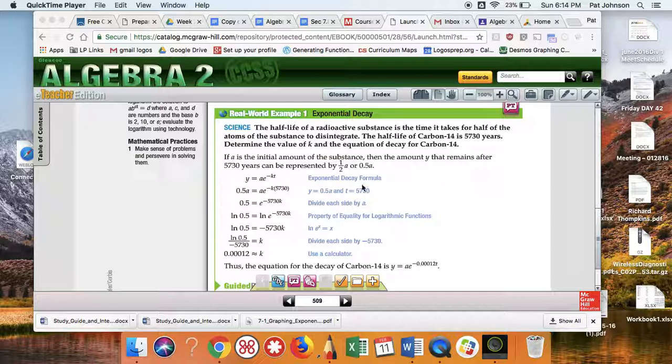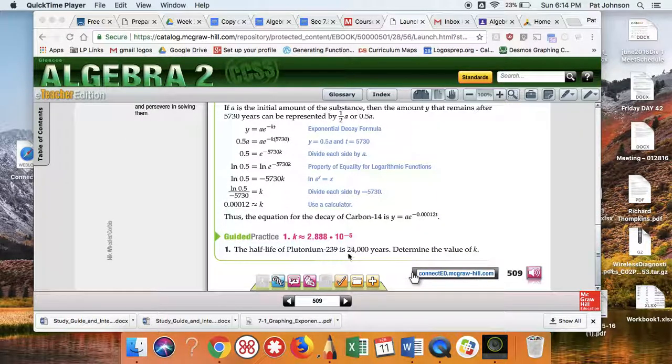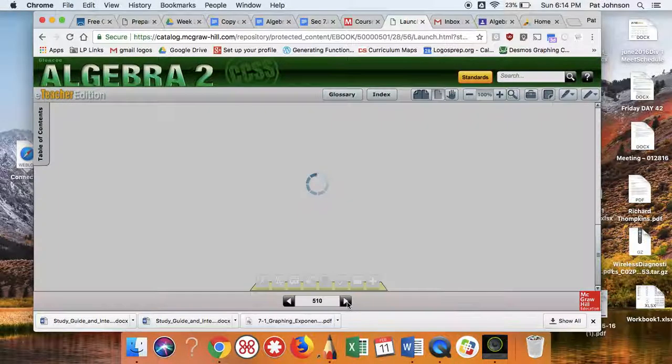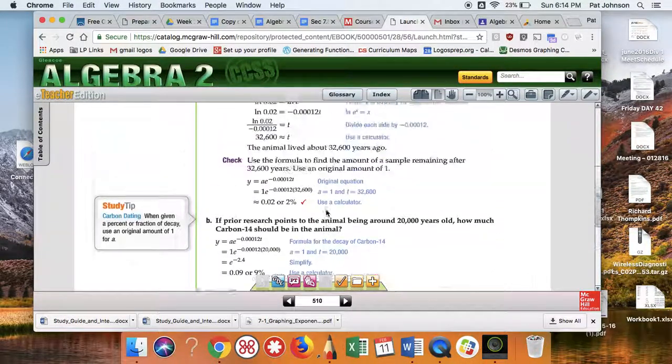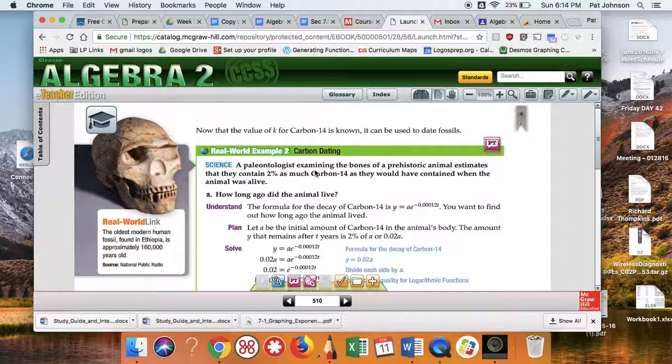All right, let's look at the next problem, example 2. Now that we have the value for k, we have our formula, and we can use that formula to date fossils.